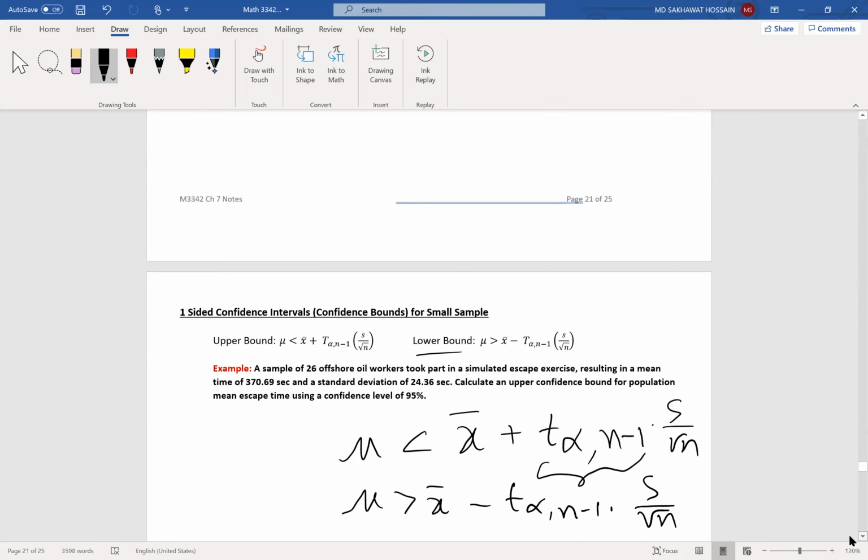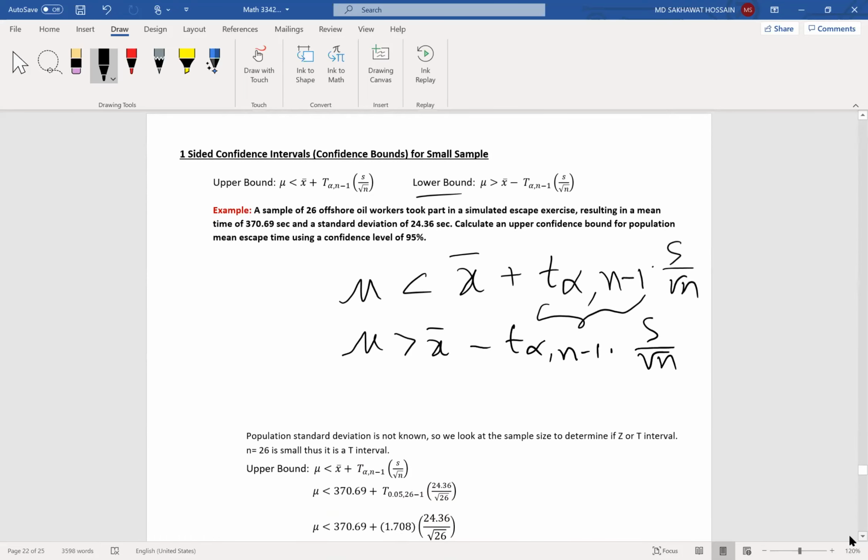So now we'll go over an example. A sample of 26 offshore oil workers took part in a simulated escape exercise. The sample size n is equal to 26, and the mean time is 370.69 seconds. This is the X bar, and the standard deviation, that is the sample standard deviation, is given.